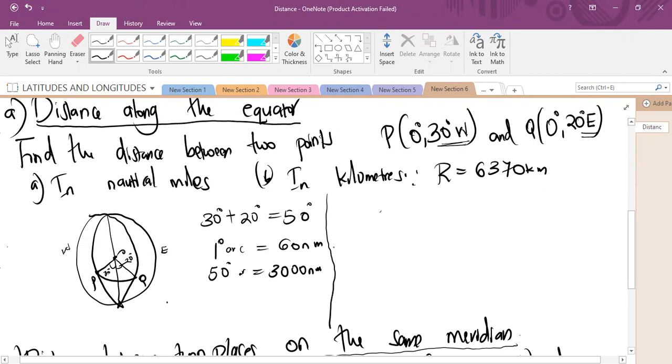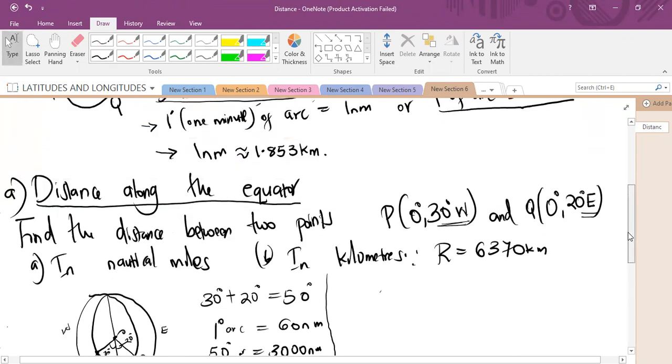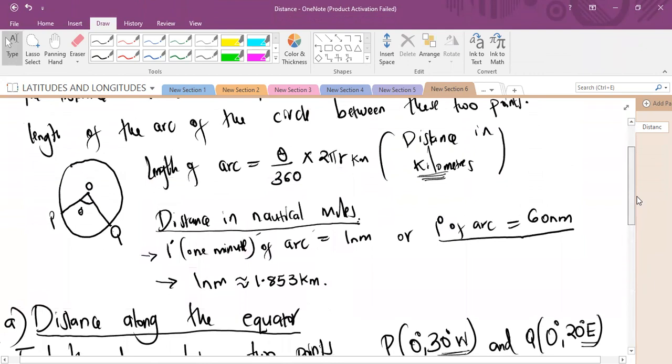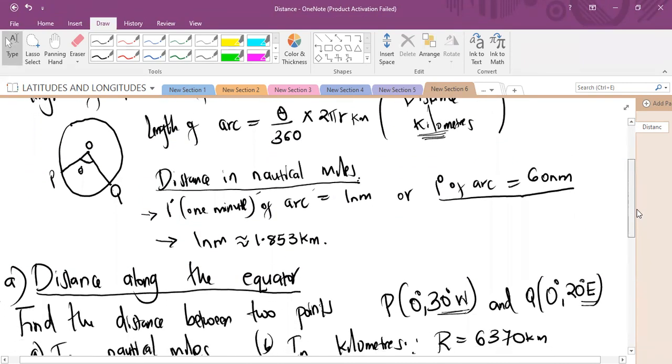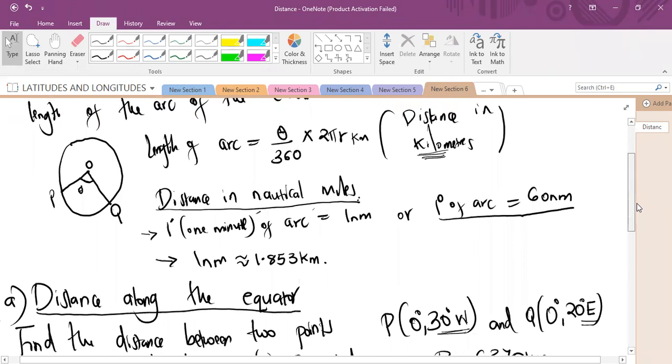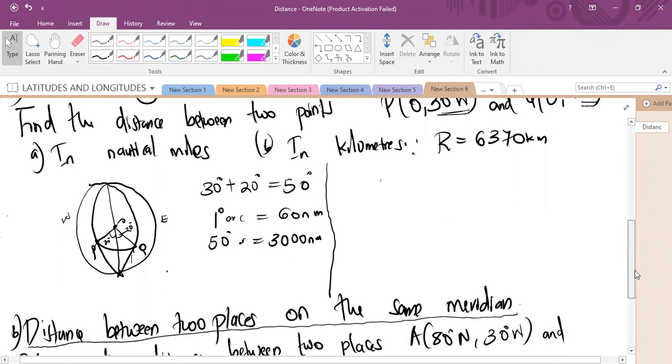Now, evaluating the distance in kilometers. Basically what we want to get is the length of the arc. And how do we get the length of the arc? Here is the formula. The length of the arc is given by theta over 360, the angle subtended in the center, times 2 pi r.